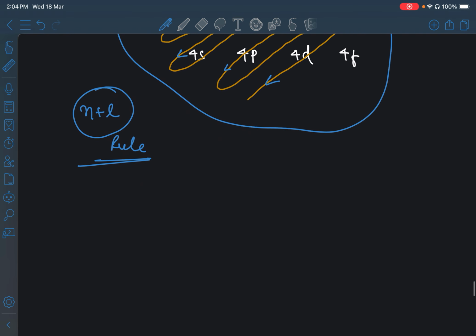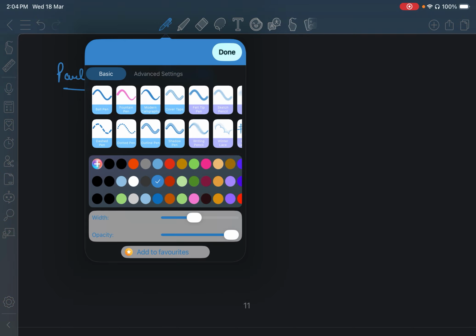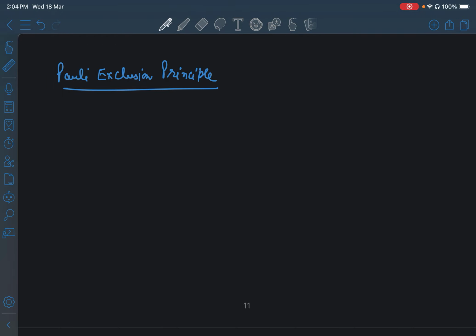Let's move to the second important rule, which is the Pauli exclusion principle. Now, what does this rule state?